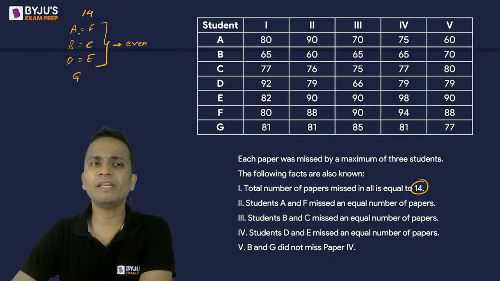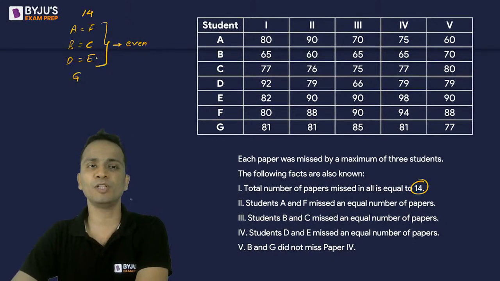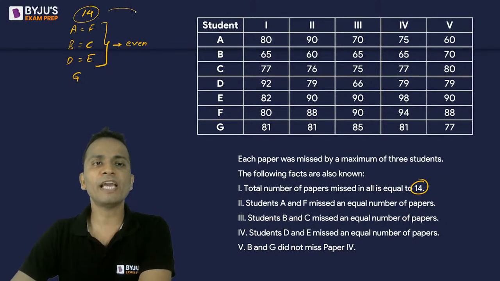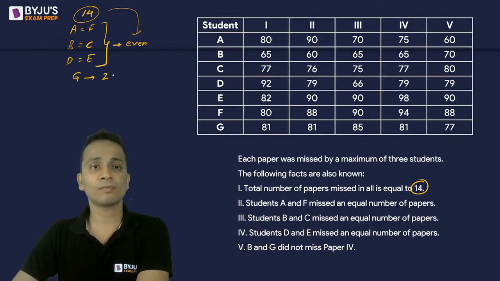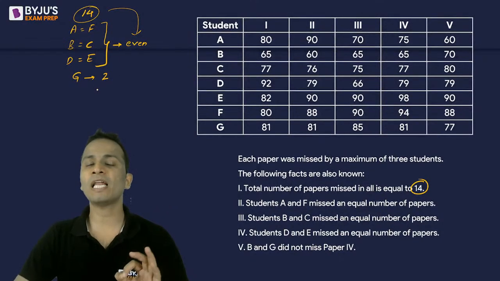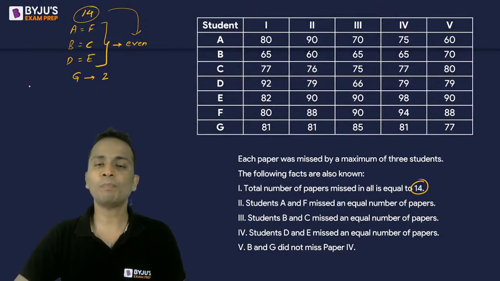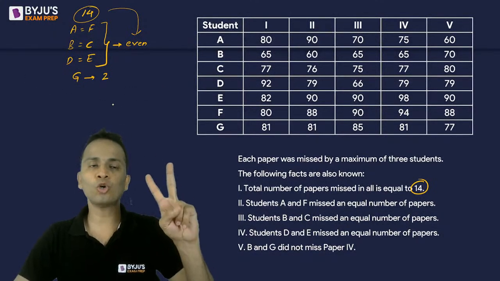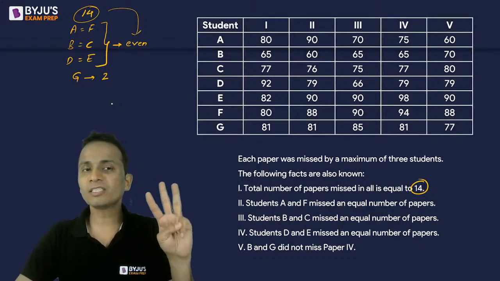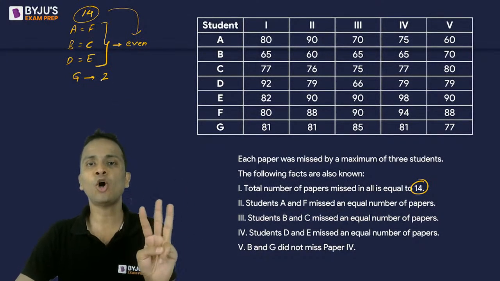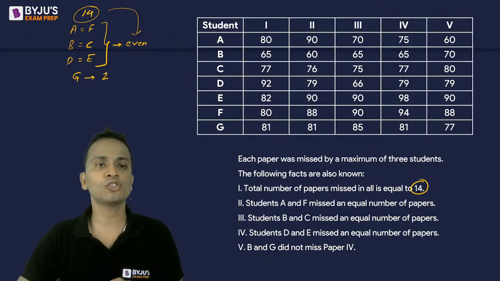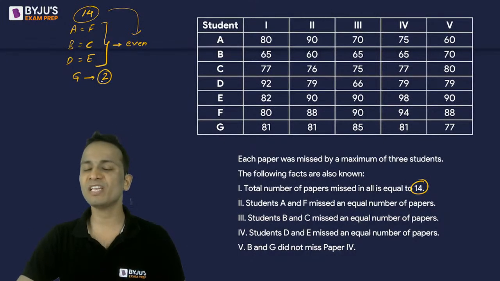So out of 14, G cannot miss an odd number of papers, so G will have to miss an even number of papers. Since every person has missed at least one paper and at most three, that will be two.